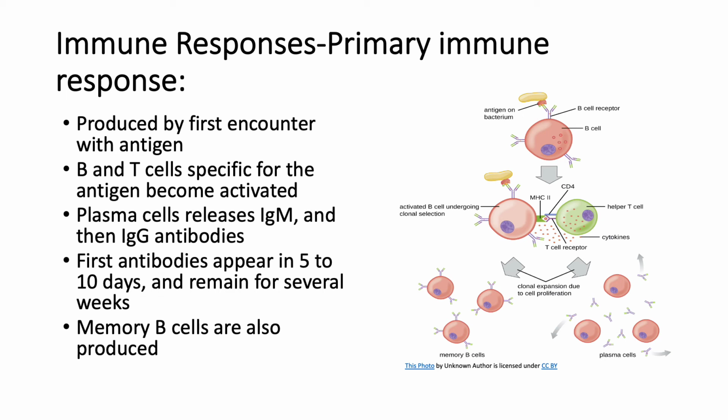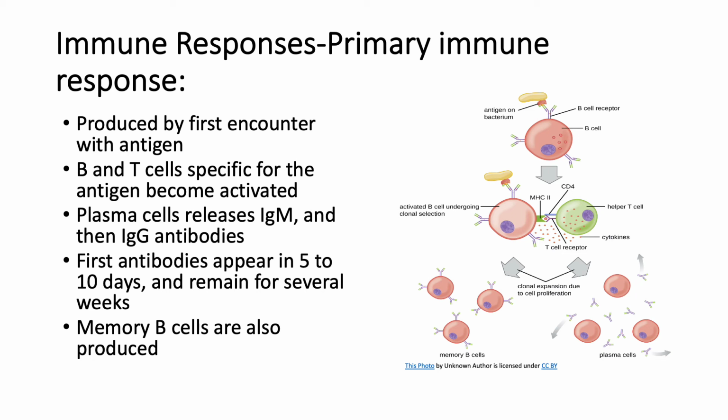During this response, plasma cells release antibodies, immunoglobulin M followed by immunoglobulin G. So first immunoglobulin M, then immunoglobulin G. The antibodies are carried by the blood throughout the body where they help destroy antigen-bearing agents. Production and release of antibodies continues for several weeks, maintaining higher numbers of antibodies in the plasma.